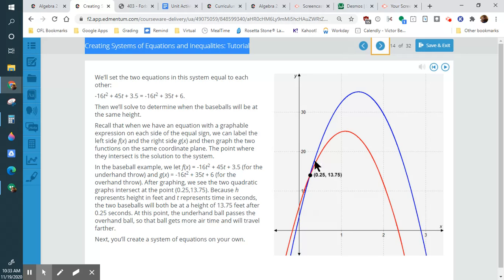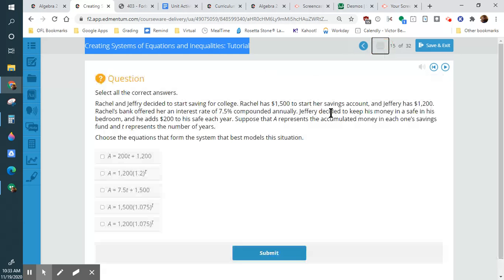Would these balls have ever been at the same height at the same time? Yes, they did cross each other. Solving this by graphing is pretty easy to do. It's right there where they cross. We're going to solve this using different functions, which I remember is a little tricky.